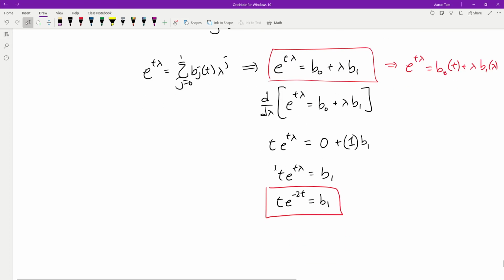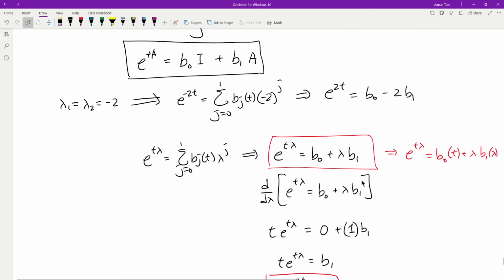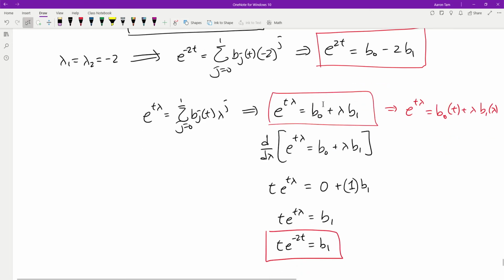So now I could go for solving for the second one, which is b sub 0, and since we know b1, I can just use this formula to find b sub 0. So it seems to me that b sub 0 would equal e to 2t plus 2b1. So b sub 0 would equal e to 2t plus 2t e to -2t.